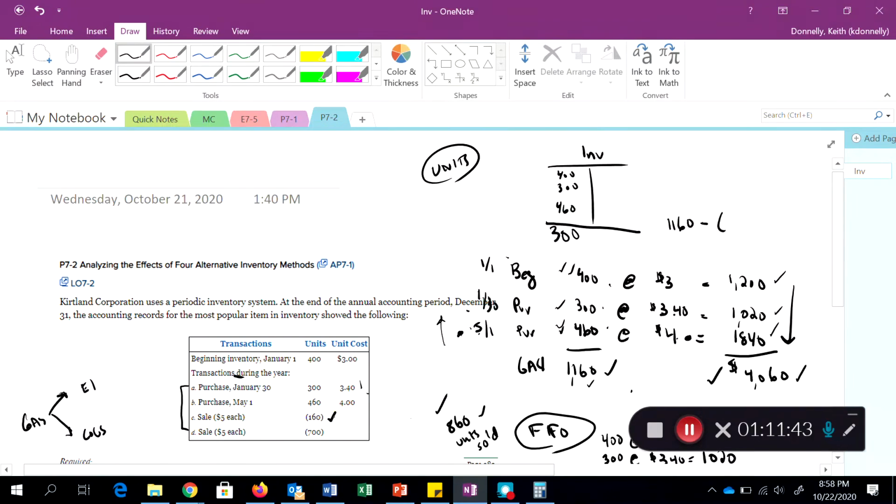Then it looks like we sold 160 and we sold 700. That's where we get our ending inventory of 300, and our cost of goods sold in units, 860 sold.